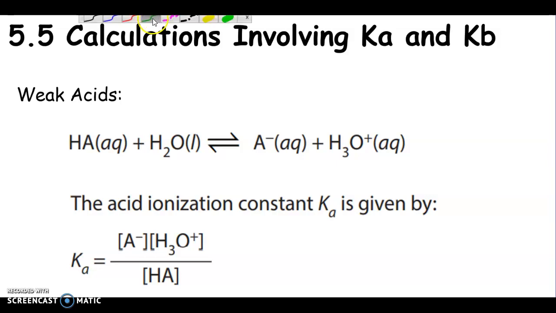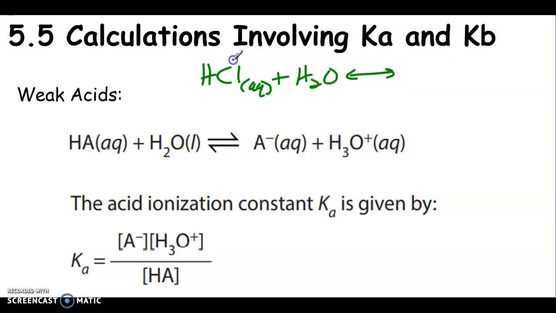So up until now, right, let's say we had hydrochloric acid. When hydrochloric acid is in water, we have, of course, proton donation. So we have hydronium and chloride ions as a result, correct?